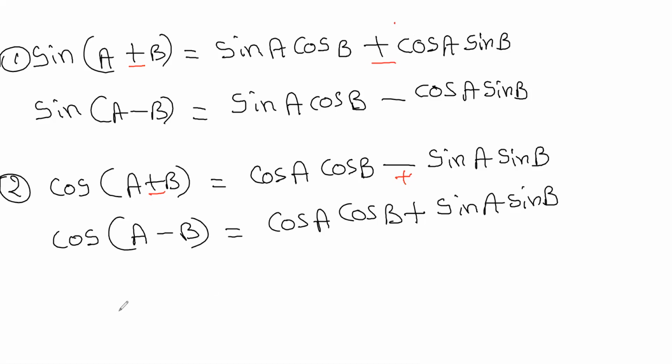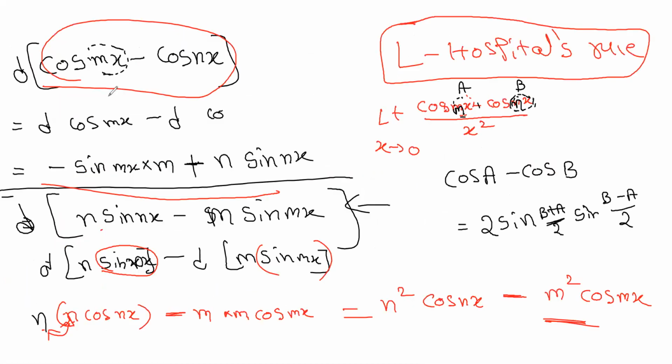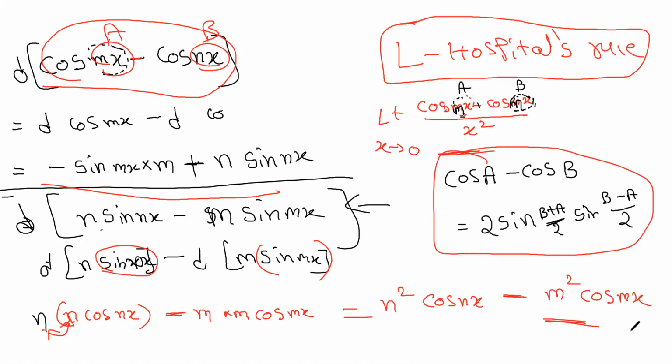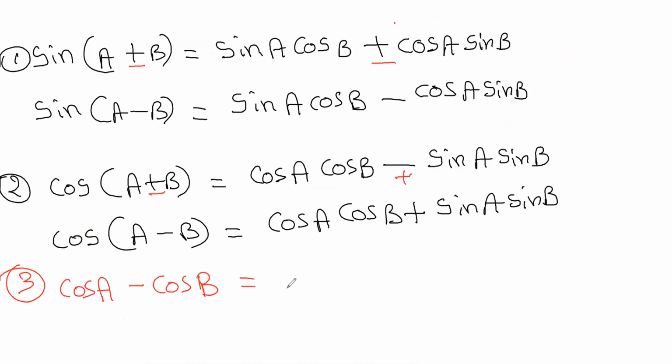And today, explicitly, without knowing, we used one formula in the problem itself. That is cos A minus cos B, sorry, cos A minus cos B is what we discussed.